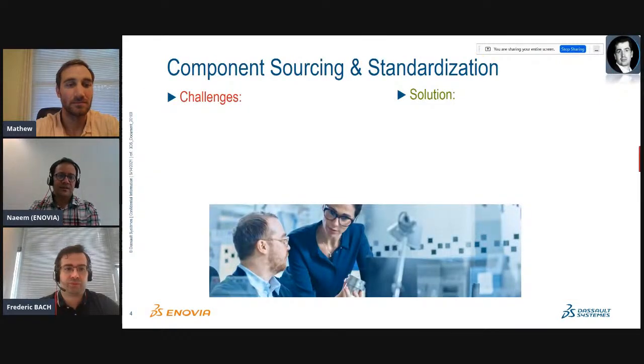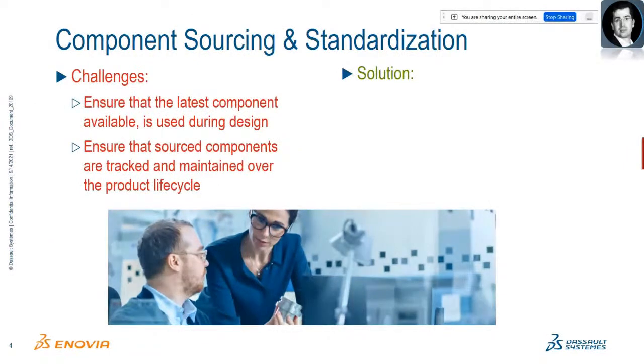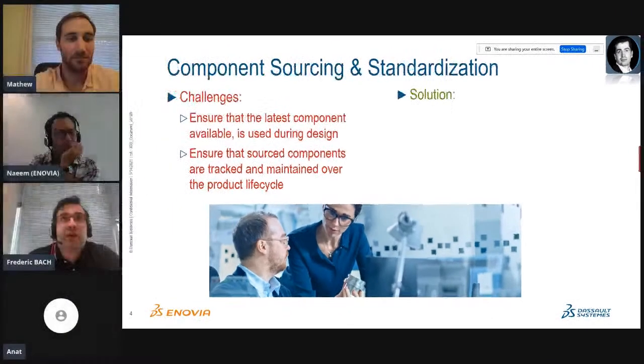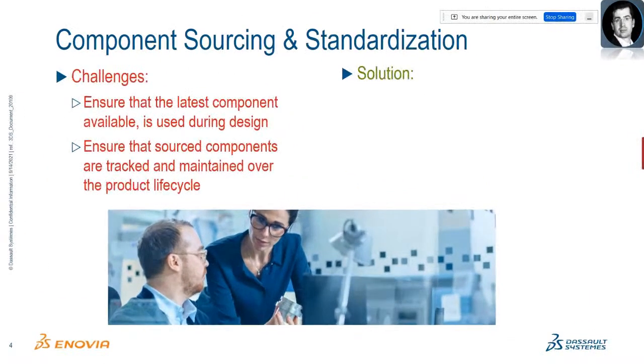So let's start first with some challenges and the solutions, and I let now Frederick describe to us these challenges that led us to develop these new roles. Okay, hello everybody. So today, for this domain, what we try to solve is two main challenges.